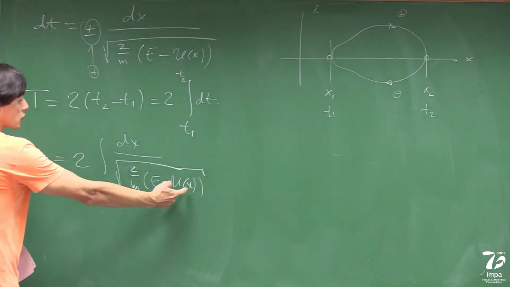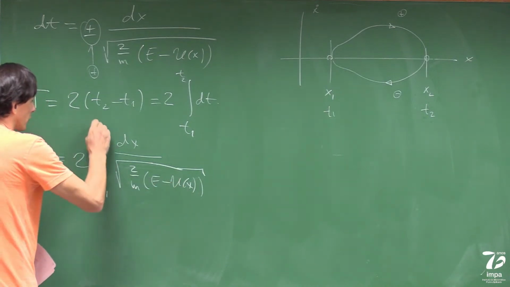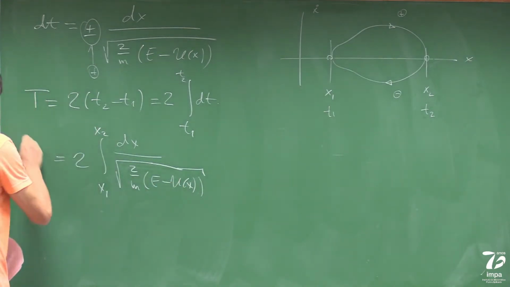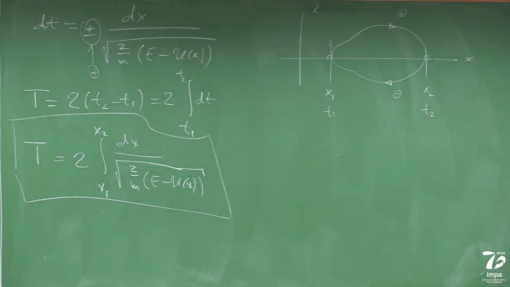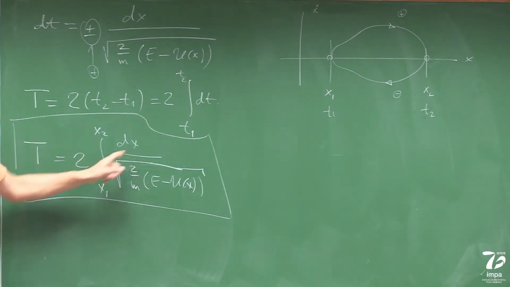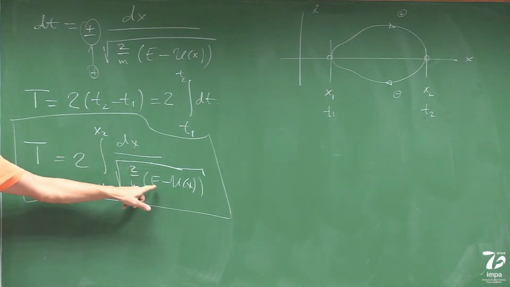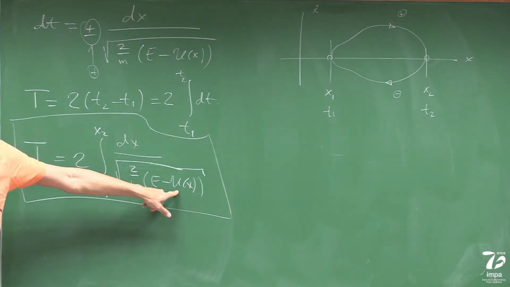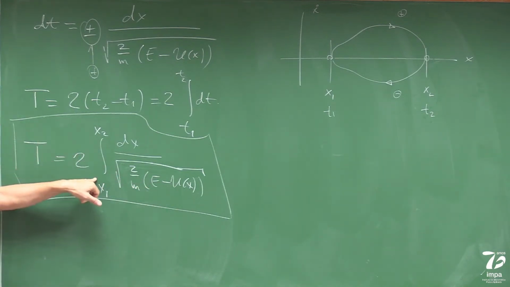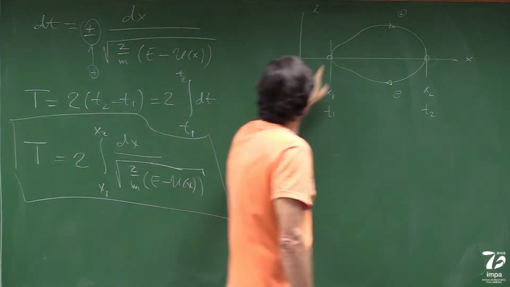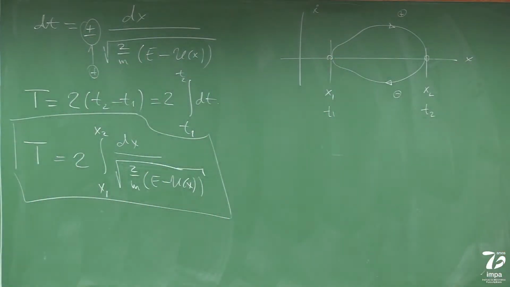So here we change coordinates to x, so it's from the left point to right. And that's a result. So we found that you can find the period just by integrating this expression where you only need potential energy. Integrate it between the left point and right point of this closed loop, and multiply by 2, you get a period. So this is the exact expression for the period of oscillations around this curve.